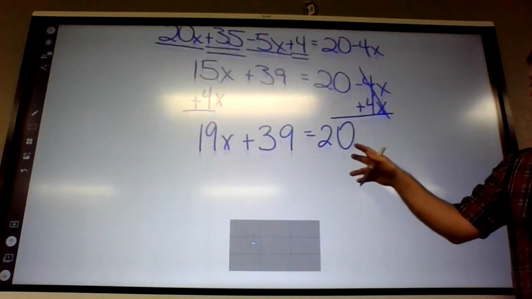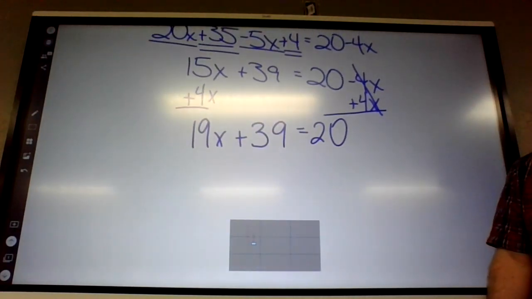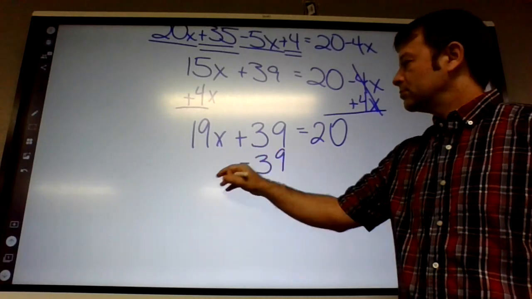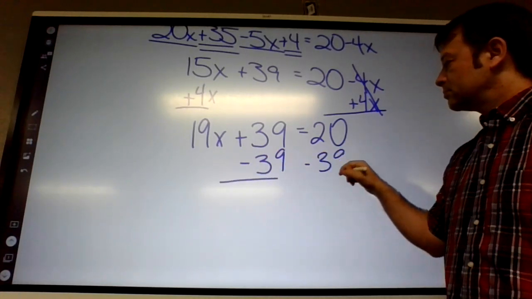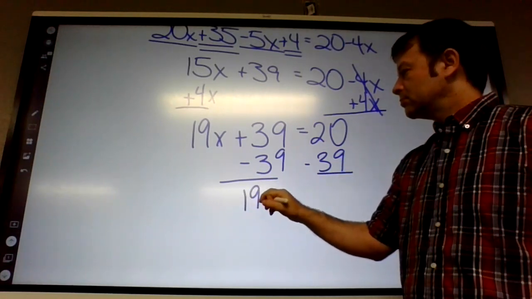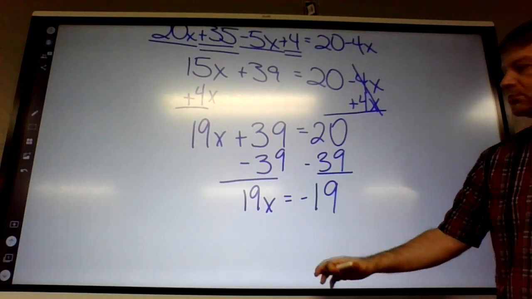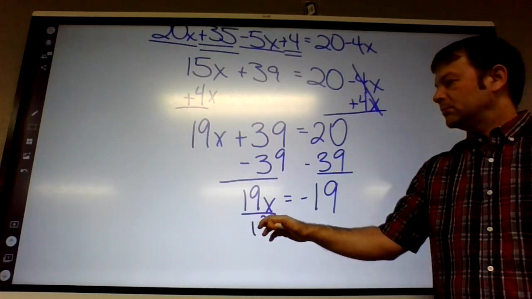And he's got it down to a basic problem. Then you subtract 39. Then it would be x equals -1. Yep.